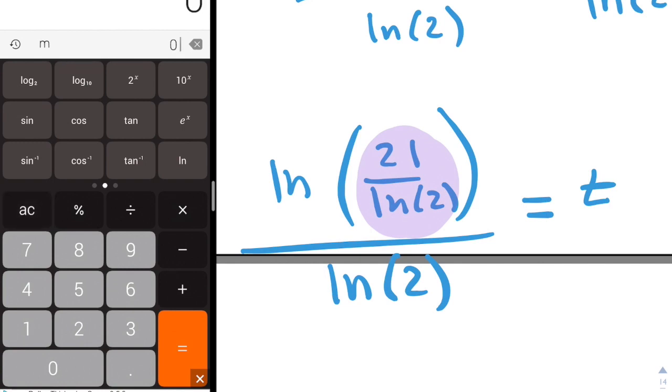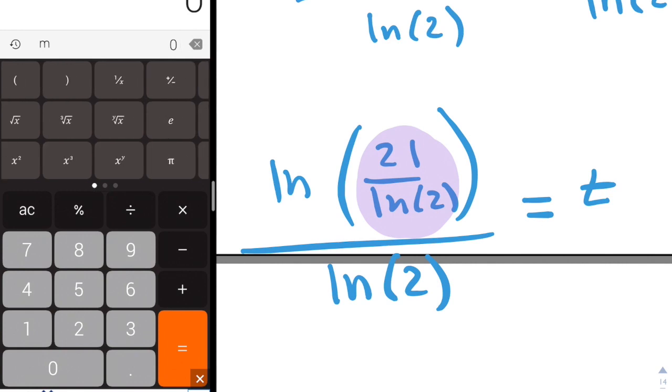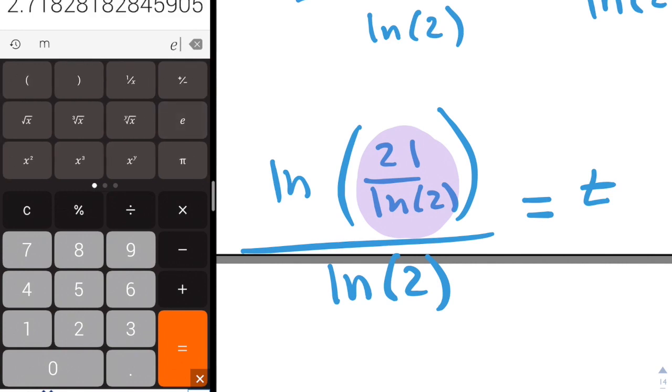I'm just checking to see how this function works in my calculator. The ln of 2. So if I type in an e and I ln that, perfect.